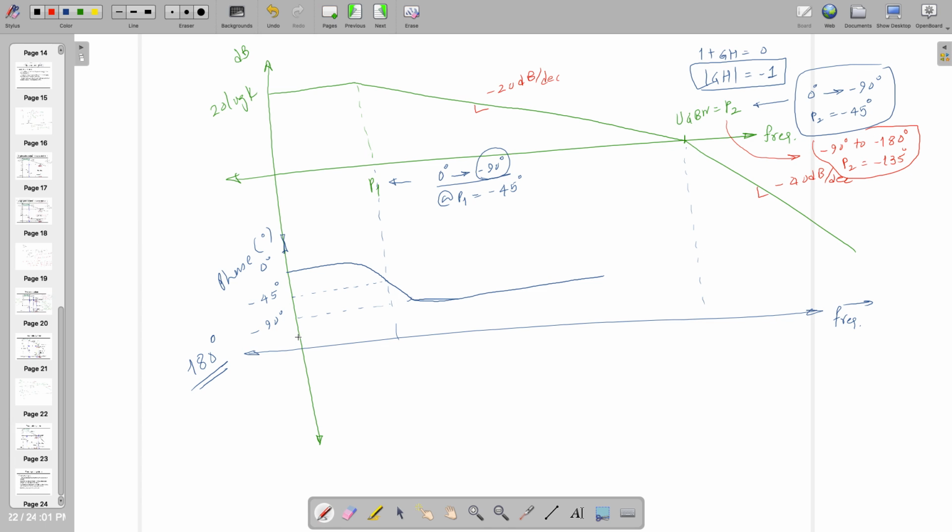So exactly at pole 2 you are going to observe minus 135 degree, and thereafter it's 180 degree at infinity, right? So here you can measure the phase. With respect to 180, this phase becomes something like 45 degree in the minus sign.